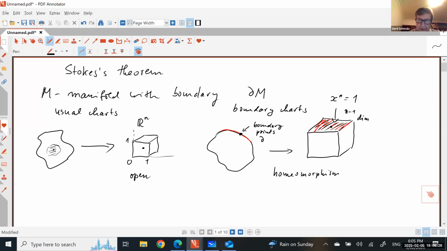They form what we call dM. Now in this way, these n-1 dimensional faces of the cubes become charts of neighborhoods of boundary points within the boundary. And in this way, this boundary actually becomes itself an n-1 dimensional manifold.